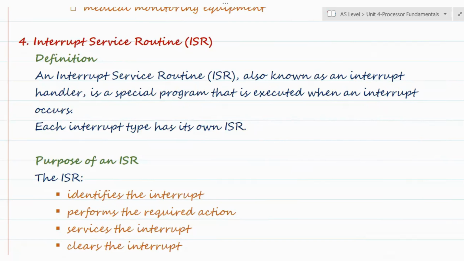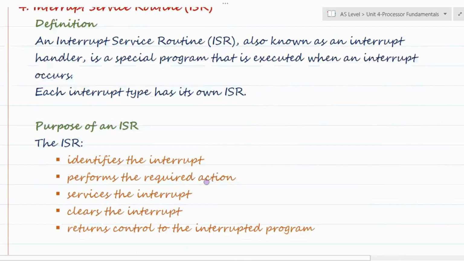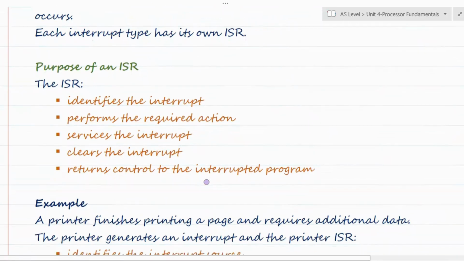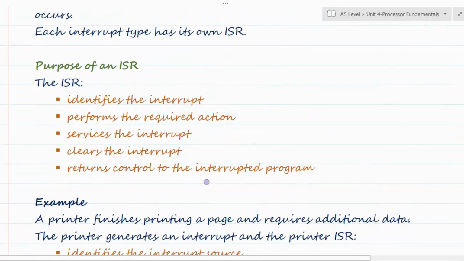You can think of it as a small program specifically designed to deal with a particular interrupt. For example, a keyboard interrupt has its own ISR, a printer interrupt has its own ISR. The ISR performs several tasks: it identifies the interrupt, performs the required action, services the interrupt, clears the interrupt, and returns control to the interrupted program.